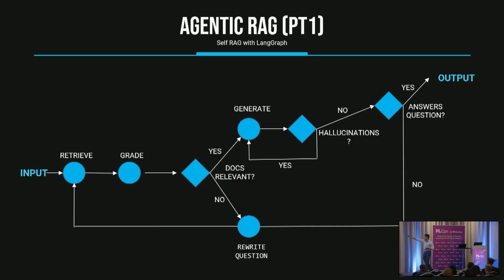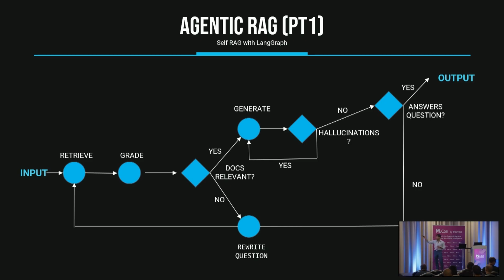Once we're satisfied, we go directly to the final step, which asks an external language model if the answer answers the question. So not just if it's grounded, but if it actually answers the original query. Again, if it doesn't answer, we start from rewrite question, and then again to the retrieve vector store.